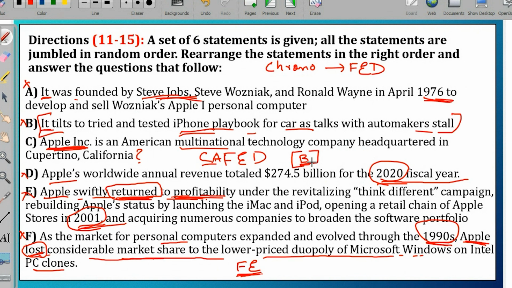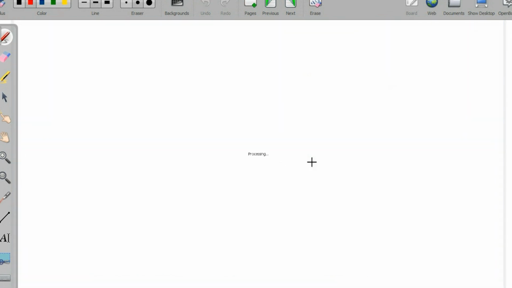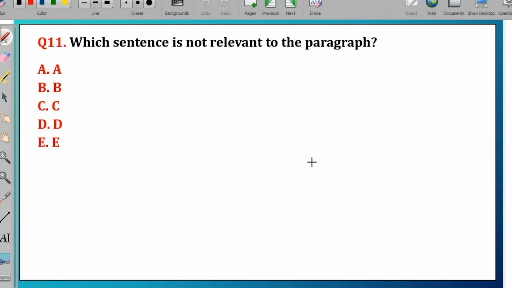Sometimes what happens, there is another pattern of para-jumbles wherein they'll give you 6 statements and then they'll tell you which of them is not suitable in this 6. So let's see what is there for us. Which sentence, see, first question is which sentence is not relevant to the paragraph.